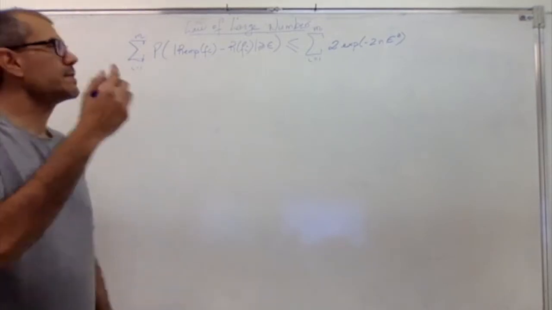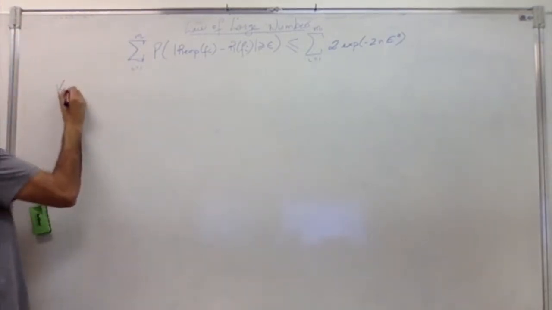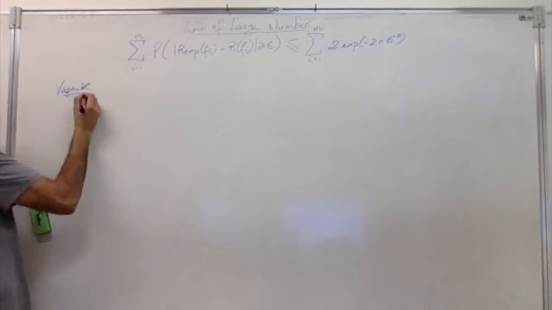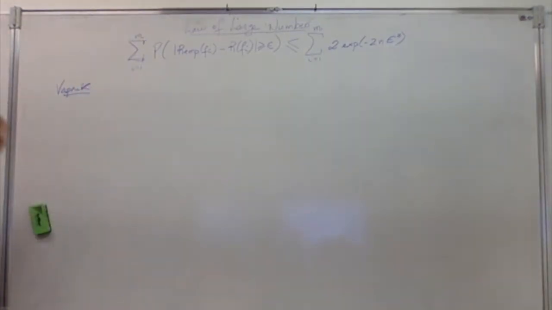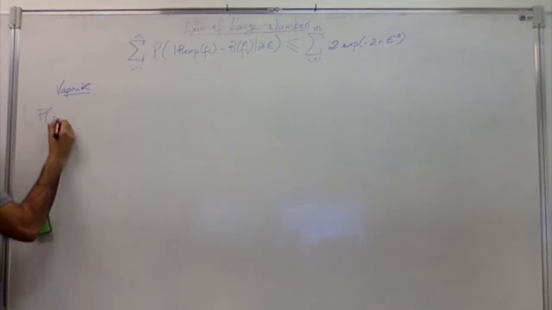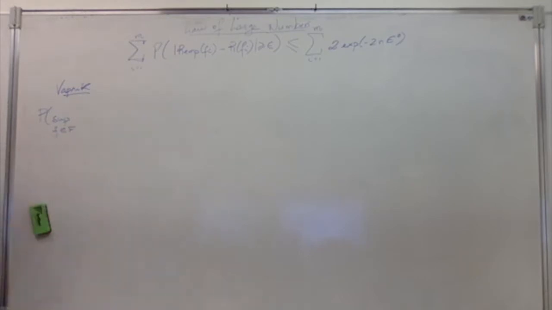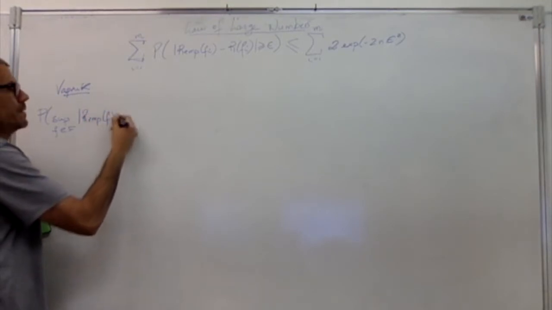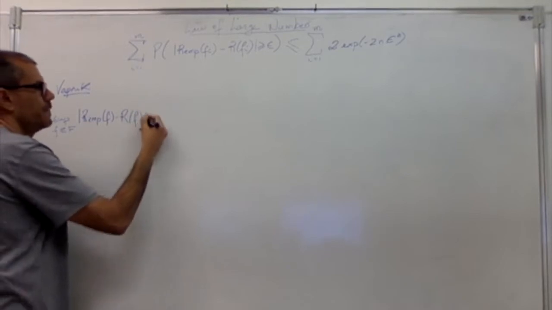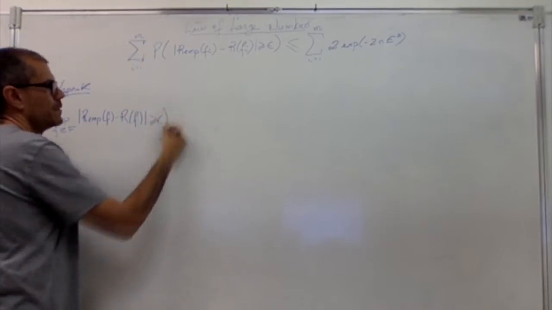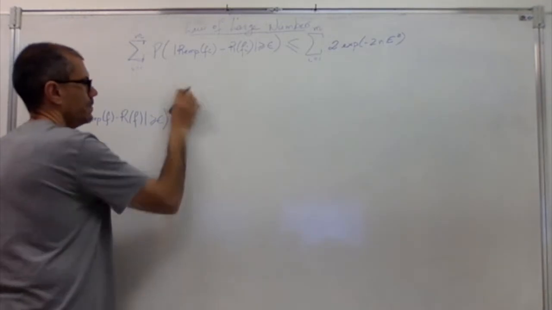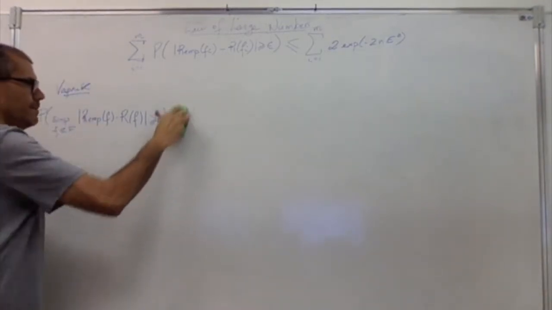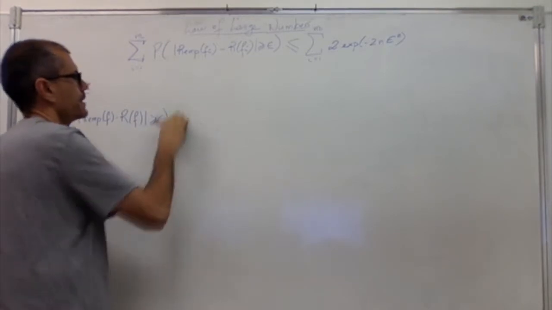We can say that Vapnik was interested in formulating statistical learning theory like this: the probability of the supremum, over every function f inside some learning bias, of the difference between the empirical risk of that function and the expected risk of the same function, being greater than or equal to epsilon.